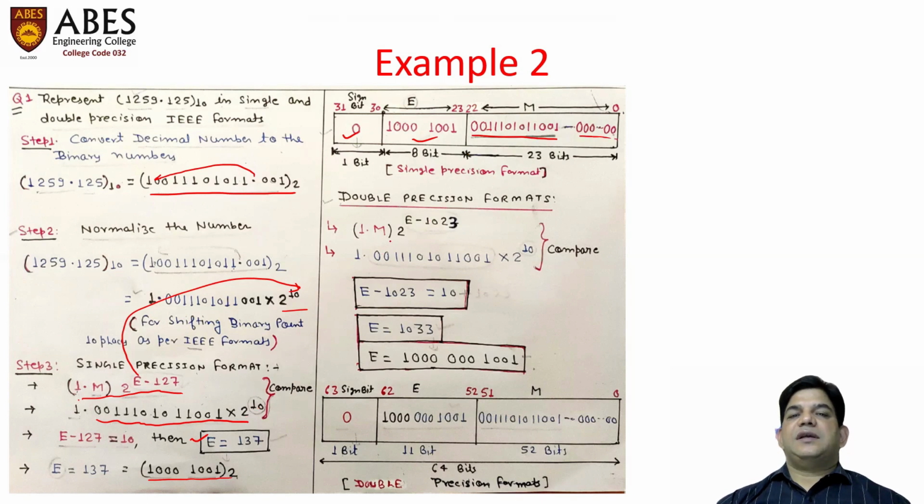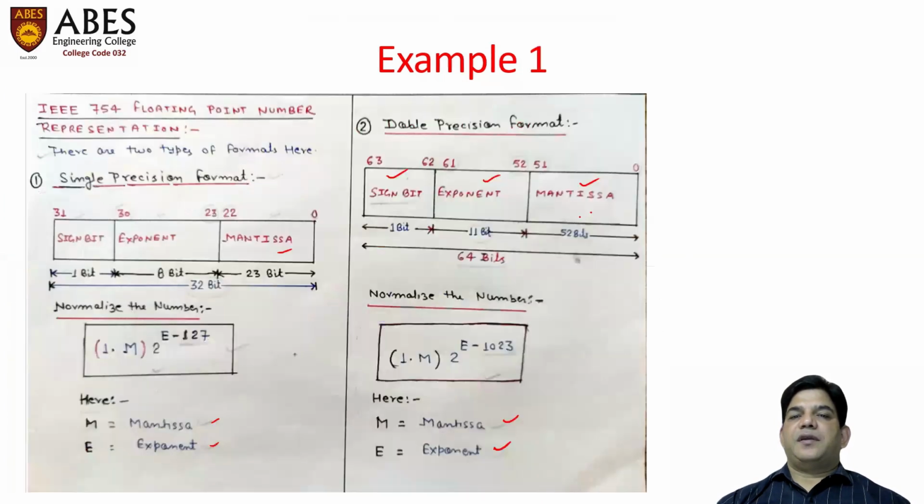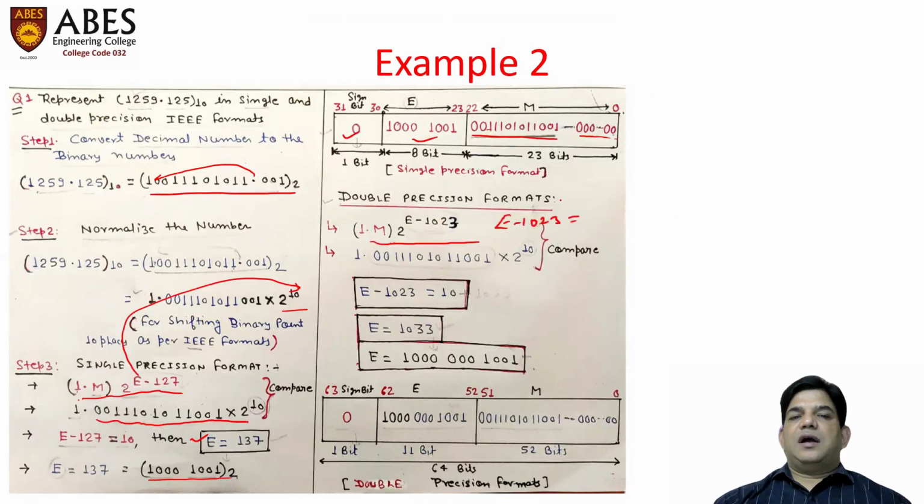In double precision, the normalization step is 1.m times 2 to the power e minus 1023. So equate e minus 1023 to 10. Here the exponent comes out to be 1033, and the exponent in binary is 1033 in this form.